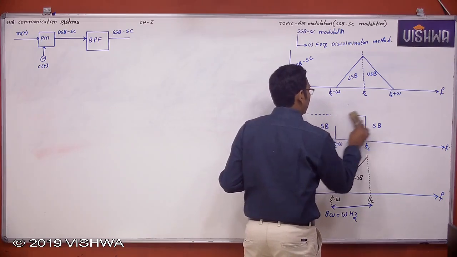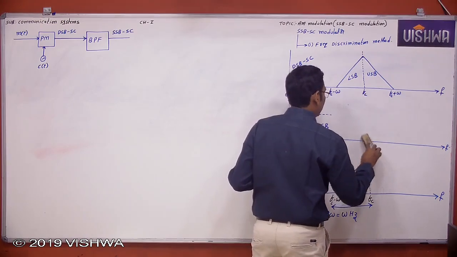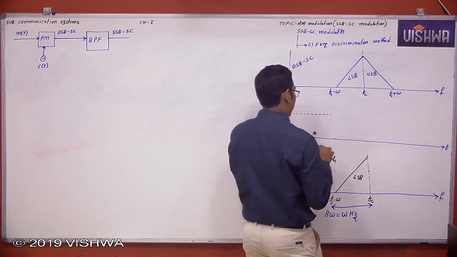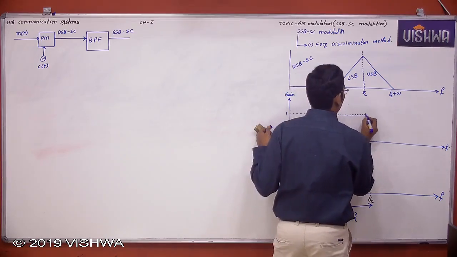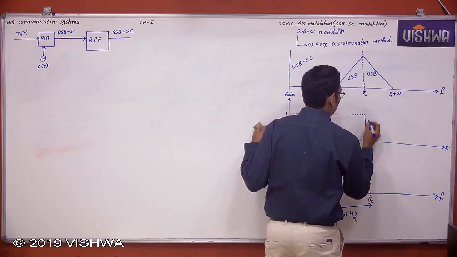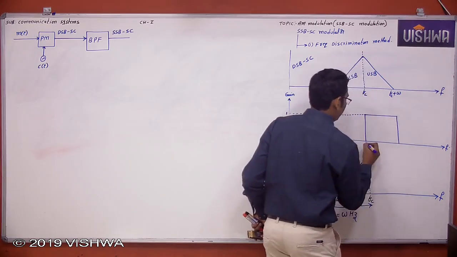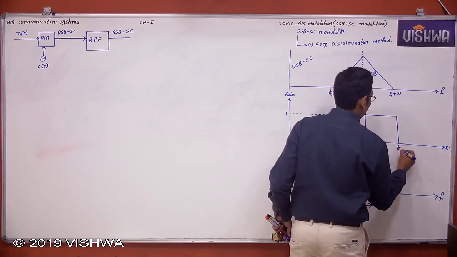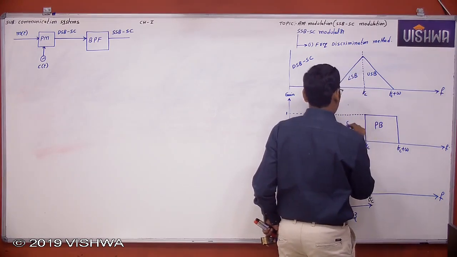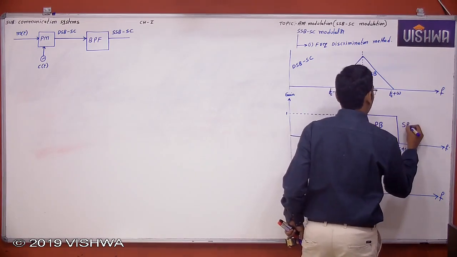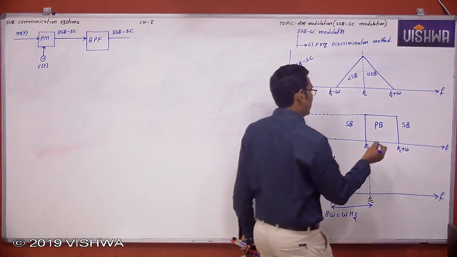You design a band pass filter with a pass band from fc to fc plus omega. This is the pass band, and these are the stop bands.